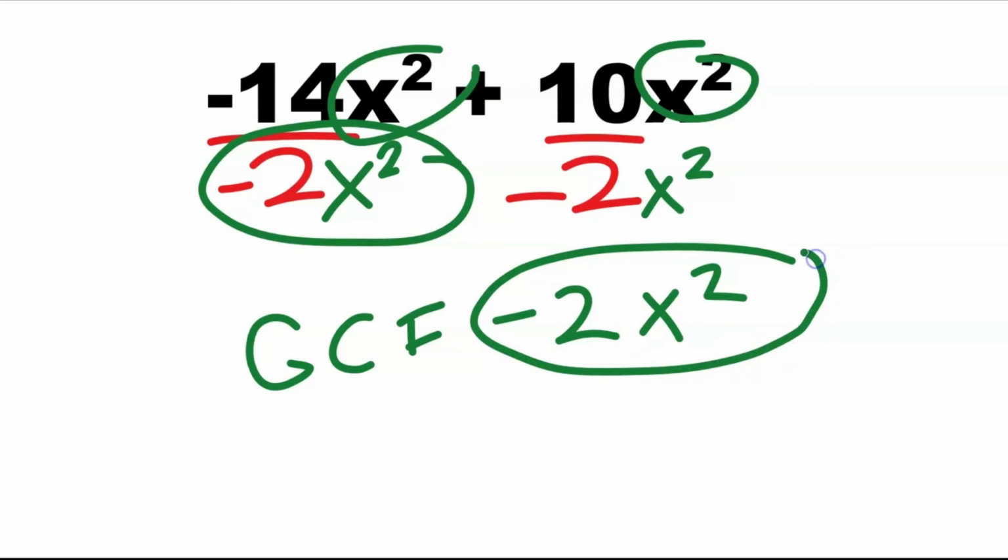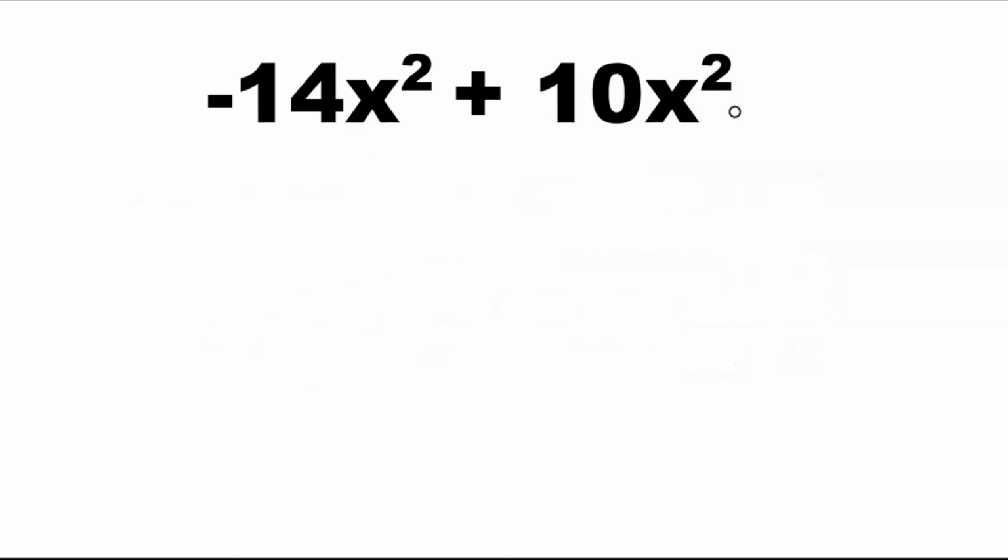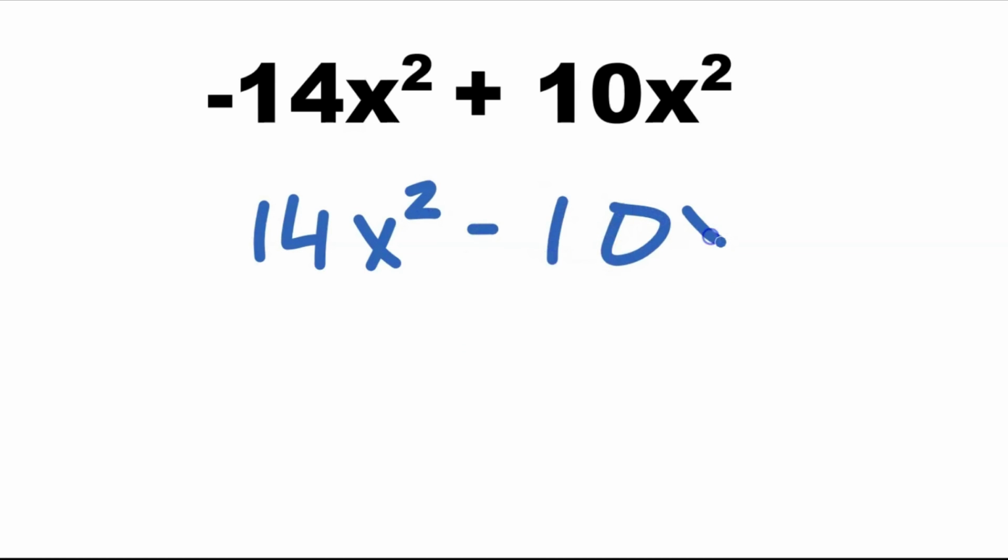Now I could reverse that, and let's say, for example, I had the opposite. Let's say I had 14x squared minus 10x squared. Okay, the only thing different here is the sign, that it's a subtract in the middle.